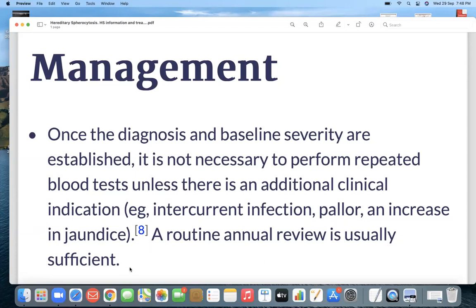As I told you, we should know the basic criteria to diagnose hereditary spherocytosis. A routine annual review is usually done, but you will see the patient only if there is intercurrent infection, increase in pallor, and jaundice.